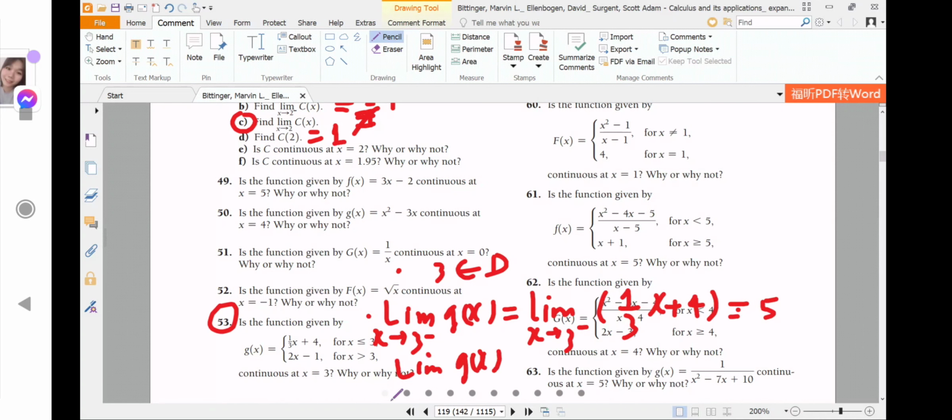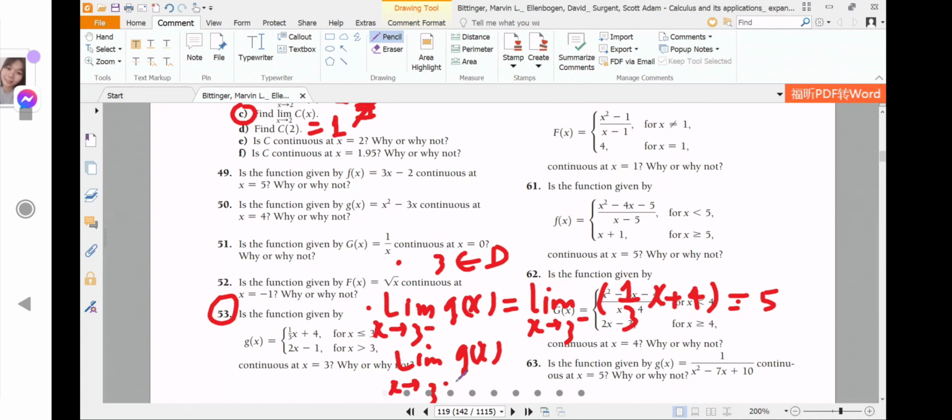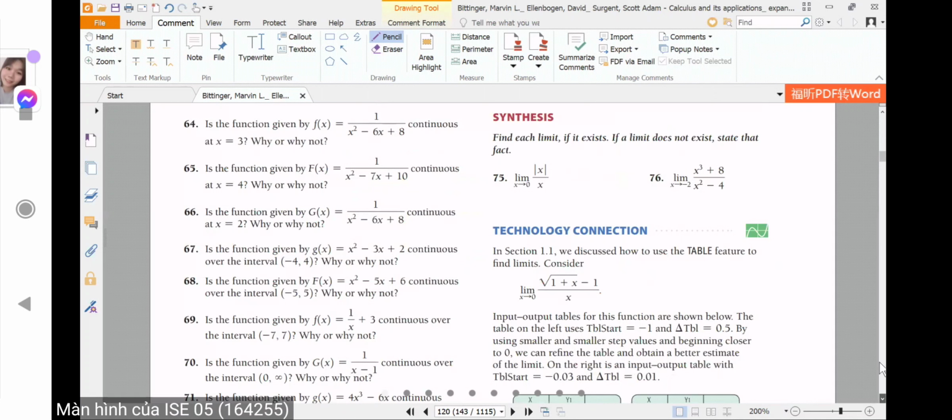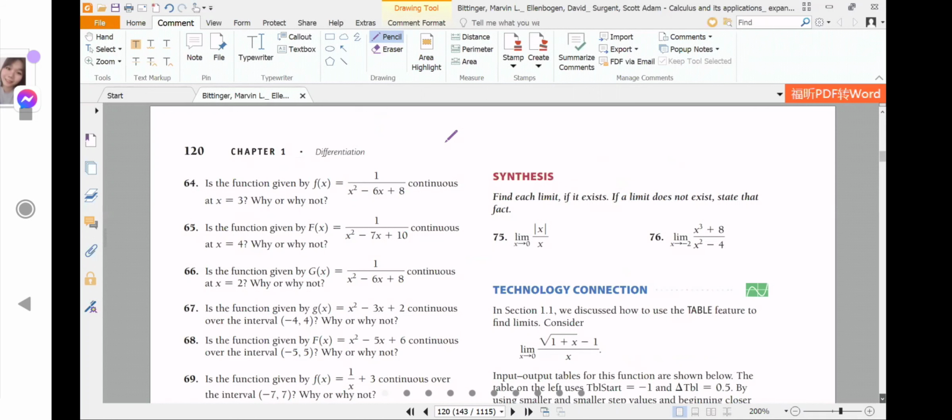And the limit of g(x) when x tends to 3 plus equals the limit of 2x minus 1 when x tends to 3 plus equals number 5. Okay, and from this we imply there exists the limit of g(x) when x tends to number 3 equal 5.